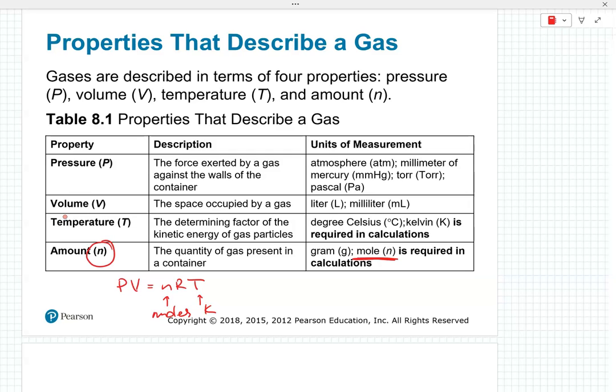Moles. Okay? Good? Now, volume, usually liters. Can also be meters cubed. There are ways. And finally, pressure, I'm not going to regurgitate what you already got.